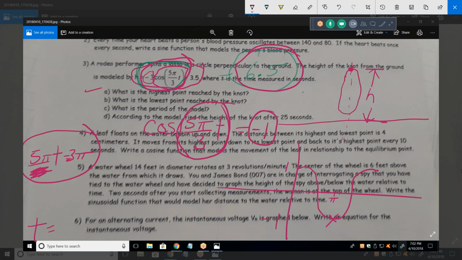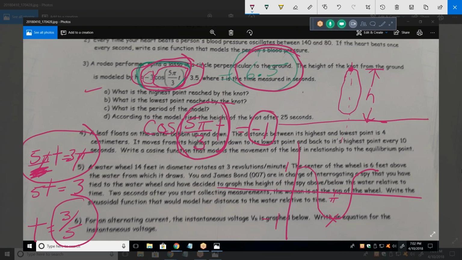What's the second thing you can do? Divide by 5. How about divide by pi? Get rid of that. Okay, so now you have 5t equals 3. So what does t equal? 3/5. That's how many seconds would elapse.